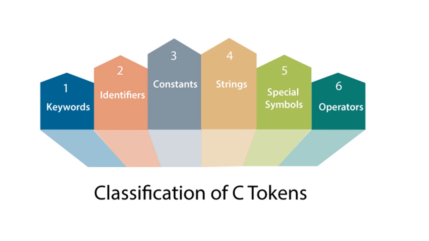The first one is keywords, number two is identifiers, number three is constants, number four strings, number five special symbols, number six operators.